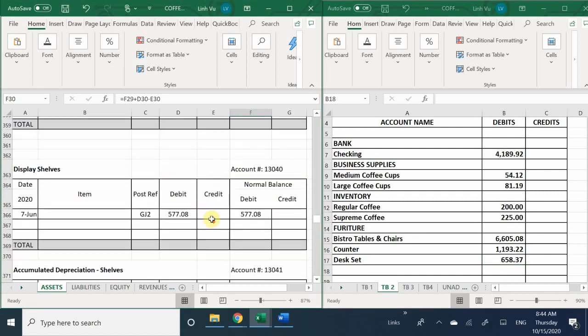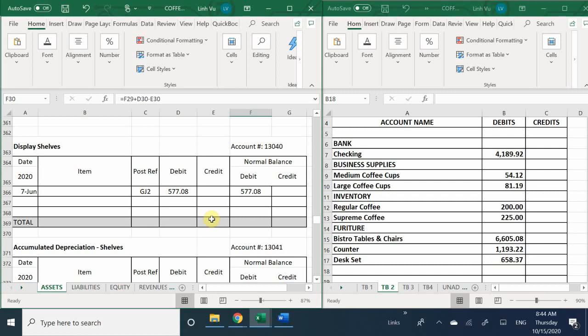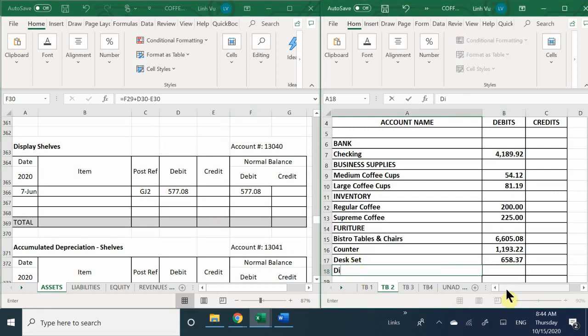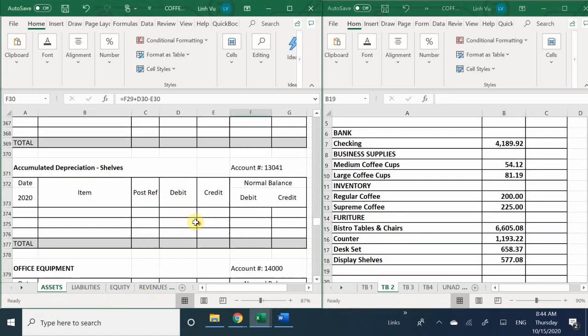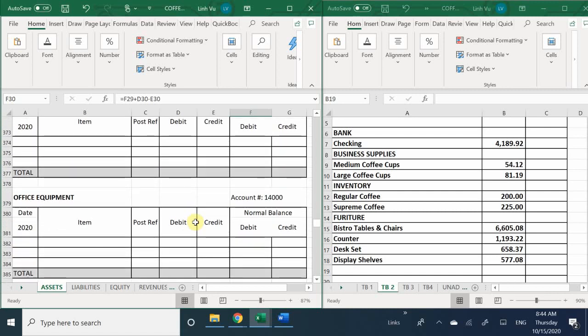Lastly, we have display shelves for $577.08. That is the end of our furniture.